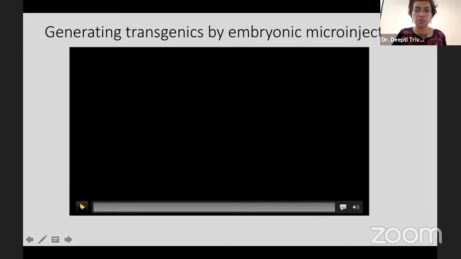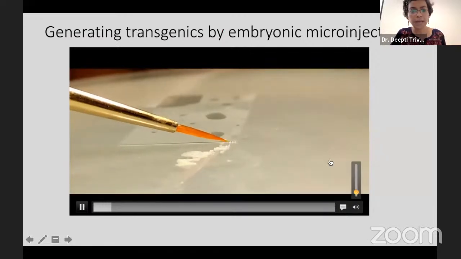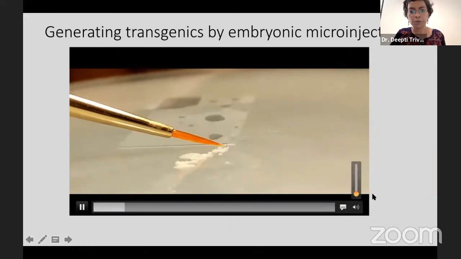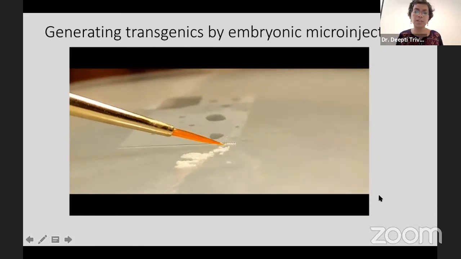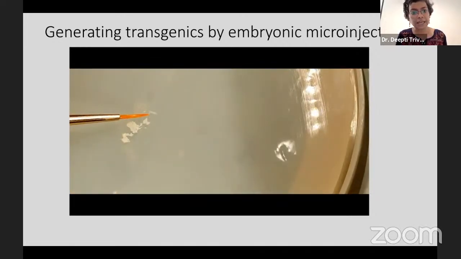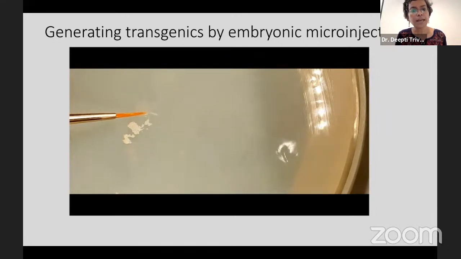It's a system where we have these small embryos. Drosophila embryos are much larger than mouse embryos. They are visible to the naked eye. We take these embryos and we align them.